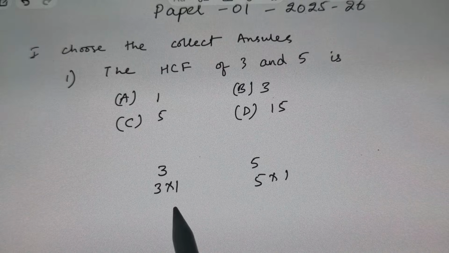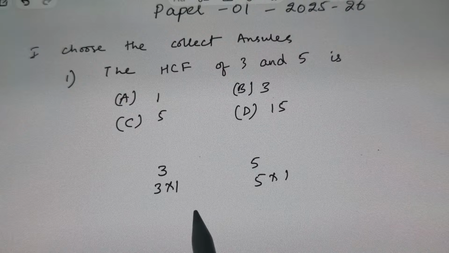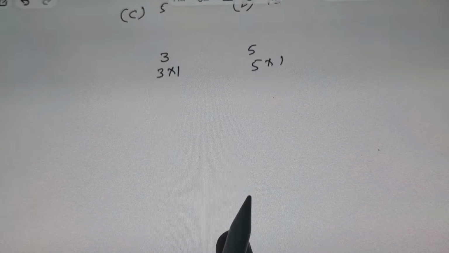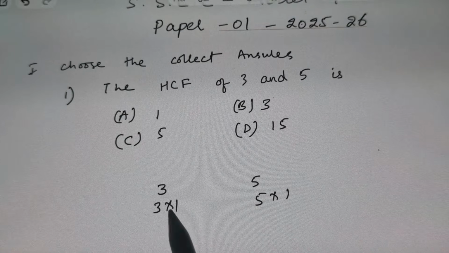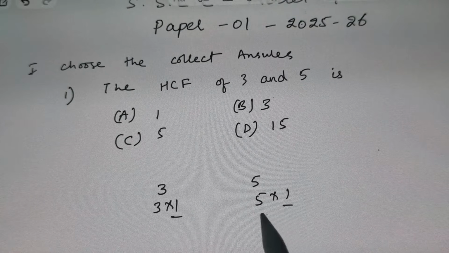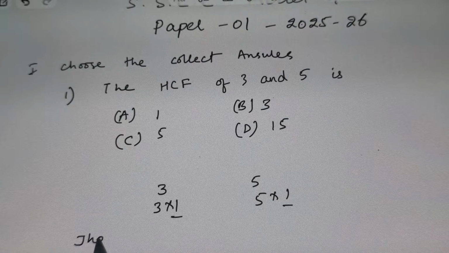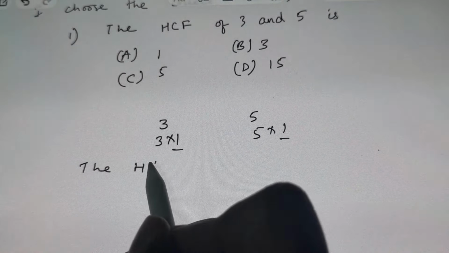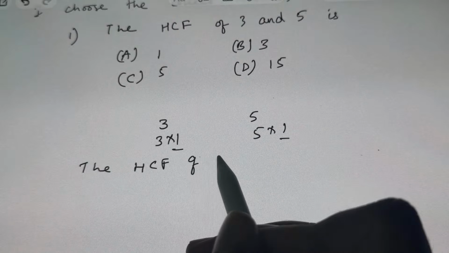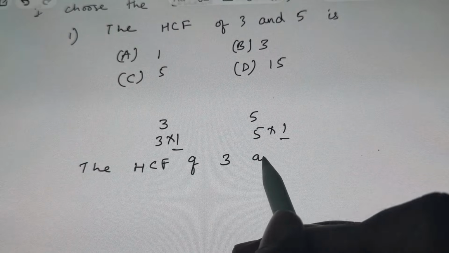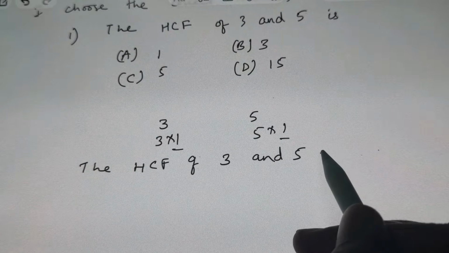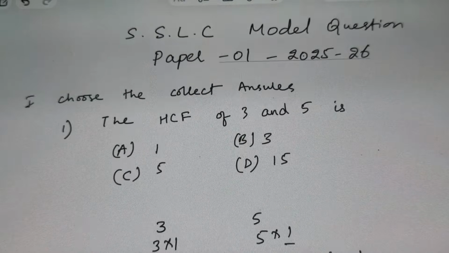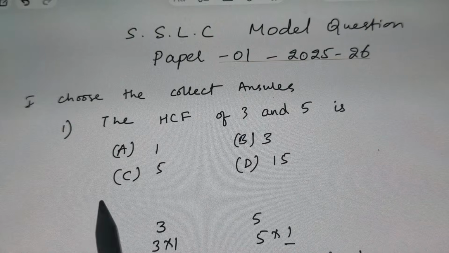So we can see the same value on both the numbers. The same value is 1. So the HCF of 3 and 5 is 1. So the correct answer of the first question is A.